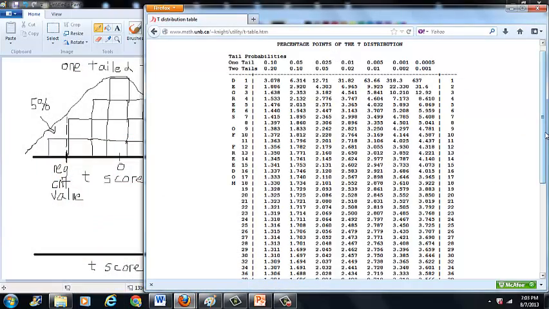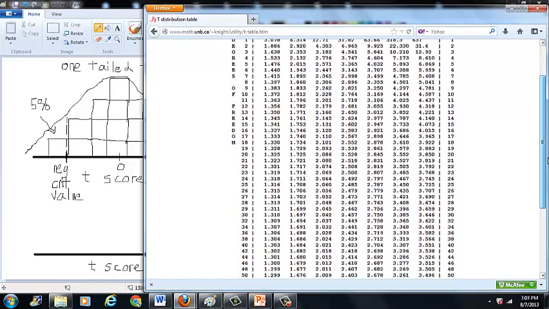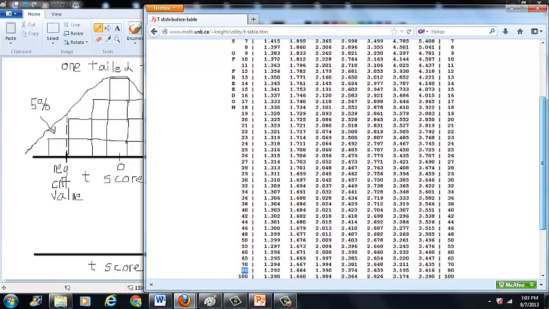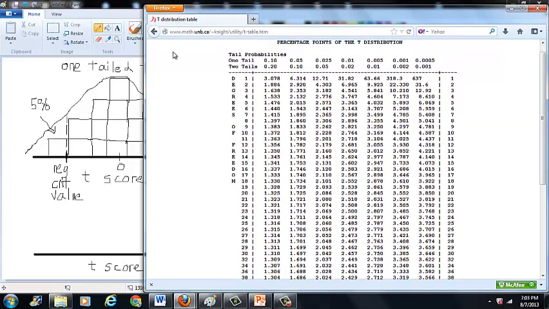I said we're using 80 because 99 isn't there. We have a one-tailed test because we're using the critical value with 5% beyond it.